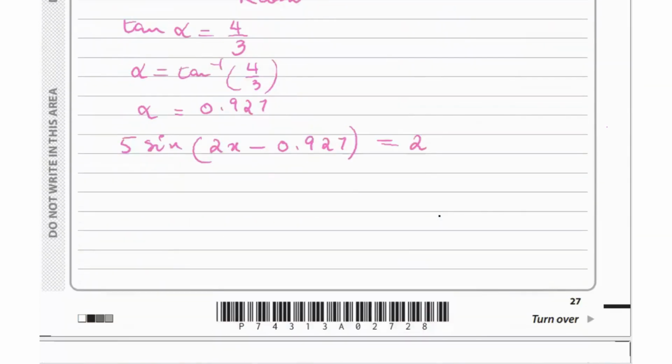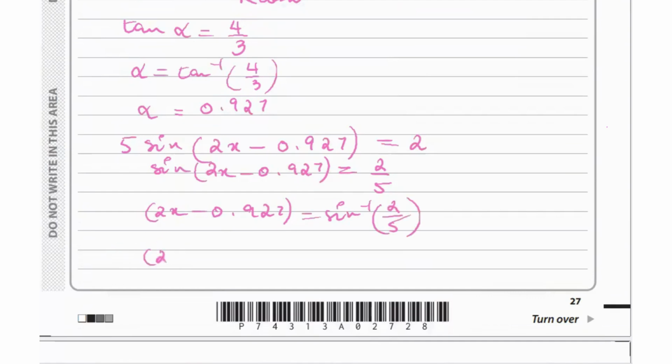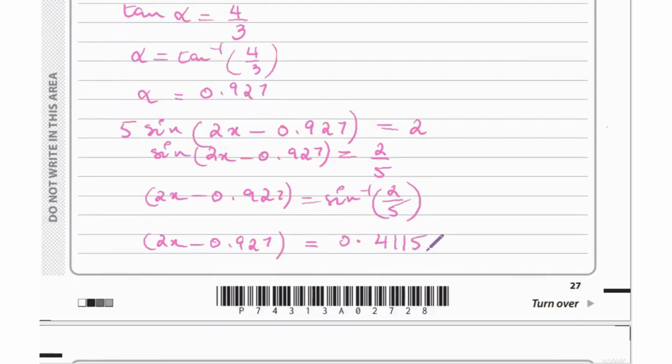So sine of 2x minus 0.927 equals 2 over 5. So 2x minus 0.927 equals sine inverse of 2 over 5. That gives us a value of 0.4115. Now sine is positive over here and over here.